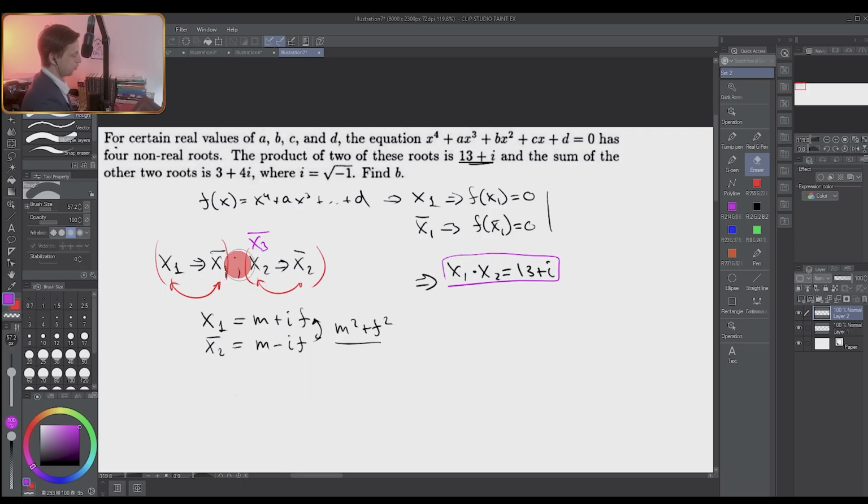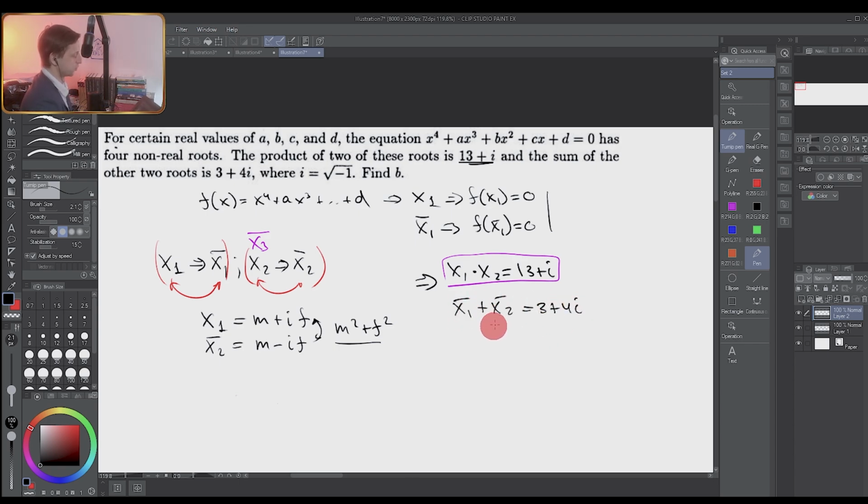So the product of 2 is 13 plus i, and the sum of the other two is 3 plus 4i. So let's write that the sum of the other two, which should be x1 conjugate plus x2 conjugate, equals 3 plus 4i. Well, immediately you know that the sum of conjugates is the conjugate of the sum, so it will be equal to x1 plus x2 conjugate equals 3 plus 4i.